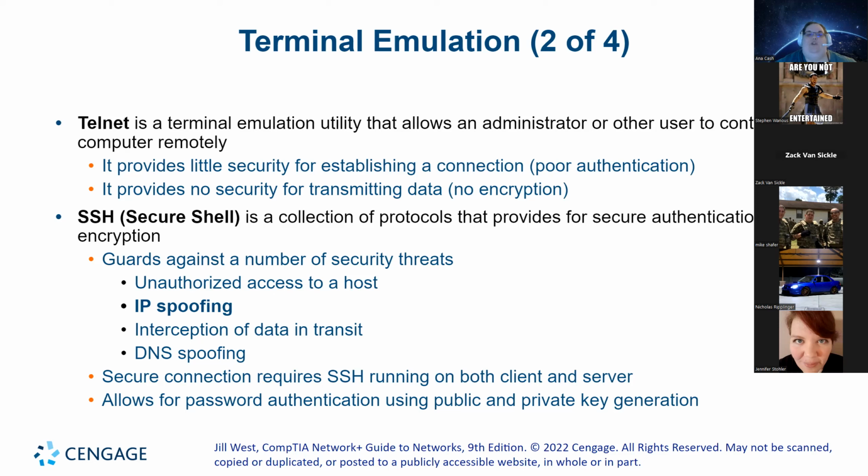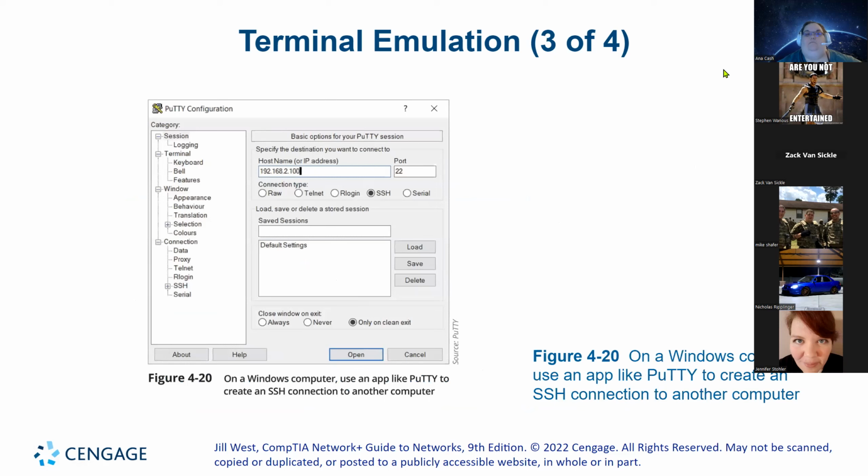SSH, Secure Shell, is a collection of protocols that provides for secure authentication and encryption, and guards against a number of security threats: unauthorized access to a host, IP spoofing, interception of data in transit, DNS spoofing. A secure connection requires SSH running on both client and server, and allows for password authentication using public and private key generation.